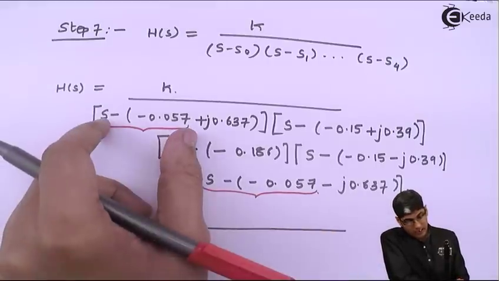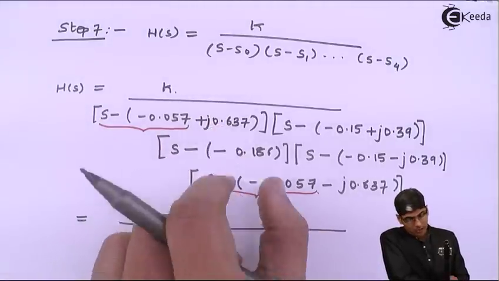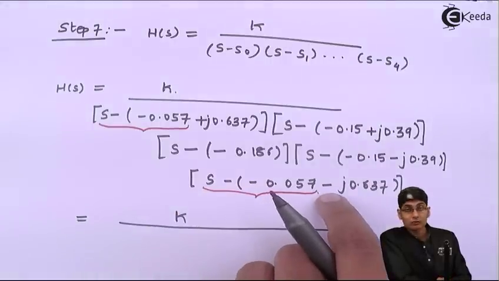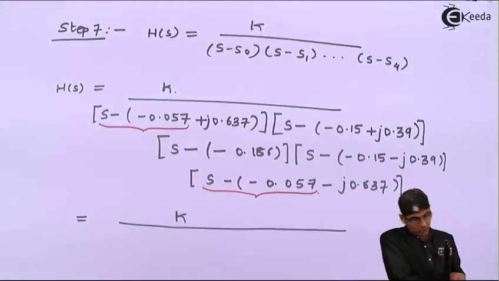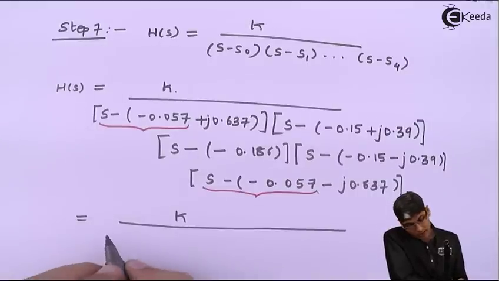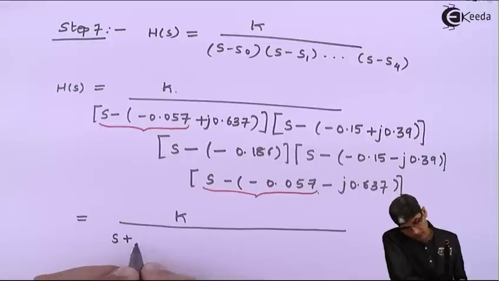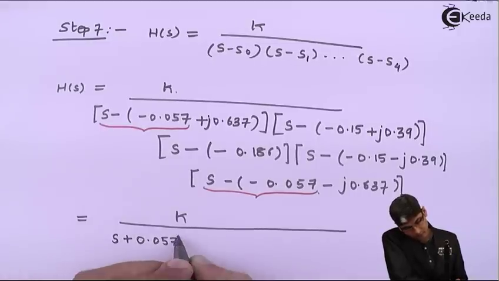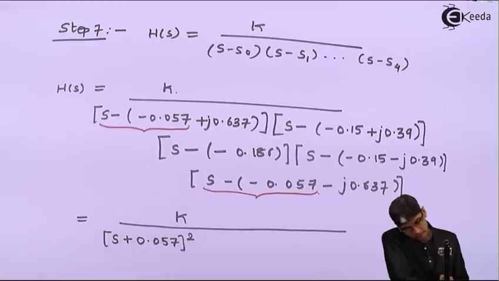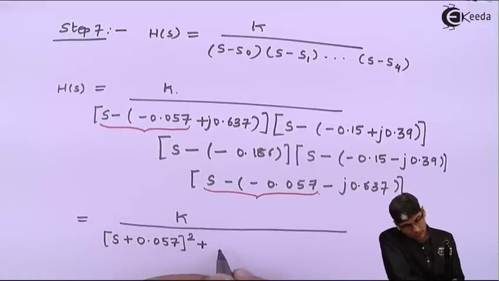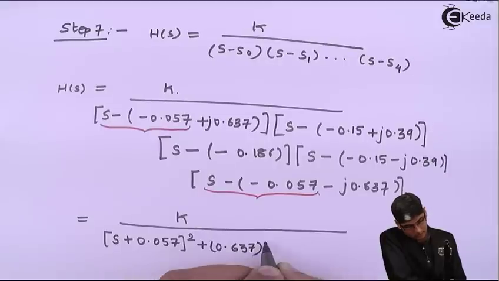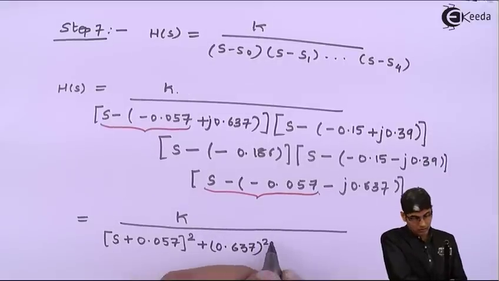So what I'll get is A minus B into A plus B, which is written as A square minus B square, and we have j square over there, so it will be plus. So I'm going to get S plus 0.057 the whole square, plus 0.637 square. This is one term.